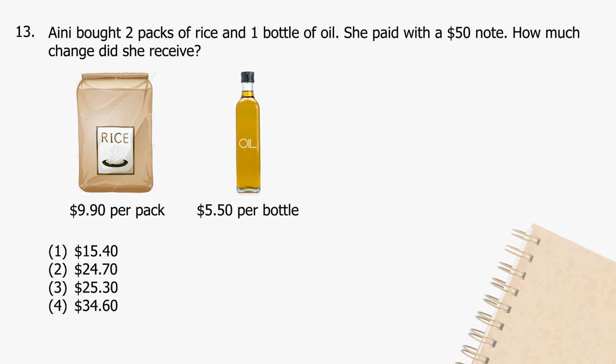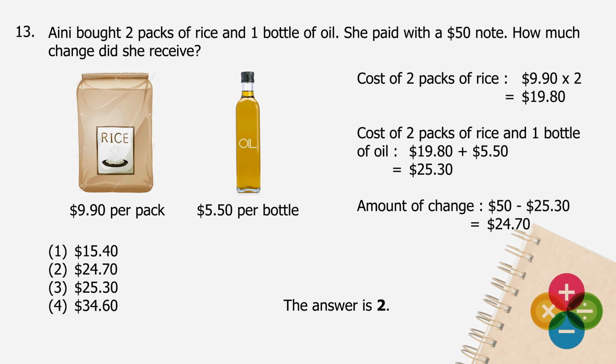Question 13. Aini bought 2 packs of rice and 1 bottle of oil. She paid with a $50 note. How much change did she receive? The cost of 2 packs of rice will be multiply $9.90 by 2, and the product is $19.80.